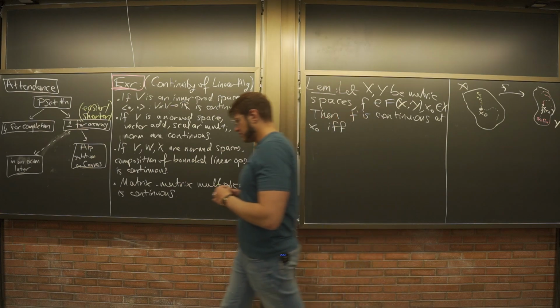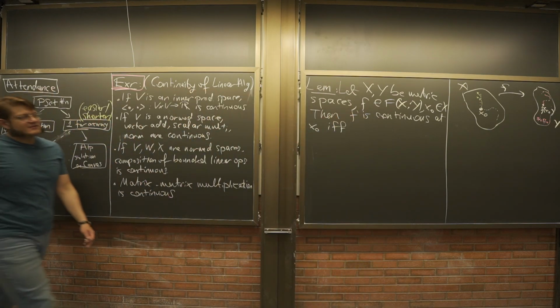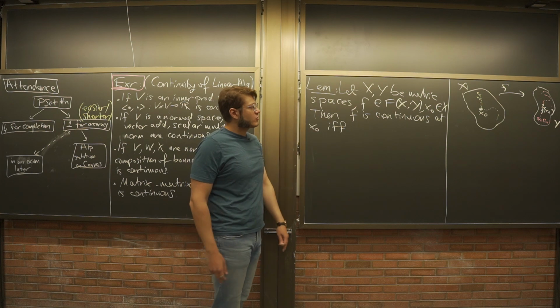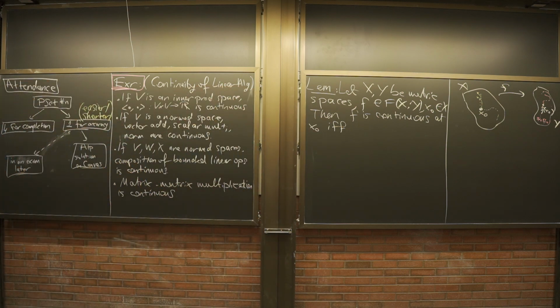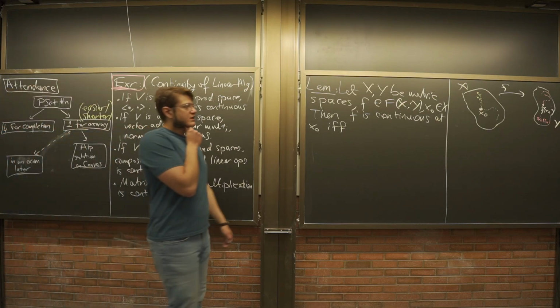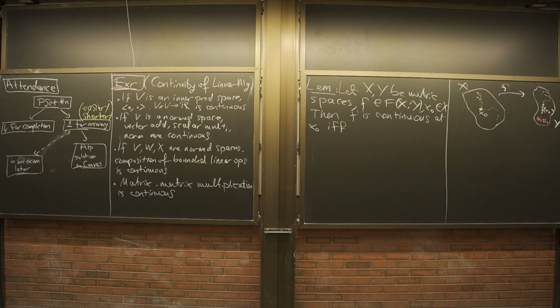So maybe one of you can guess how I can characterize continuity at x0 in terms of epsilons and deltas. How do I characterize continuity at x0? You should have seen this in 3210. No?